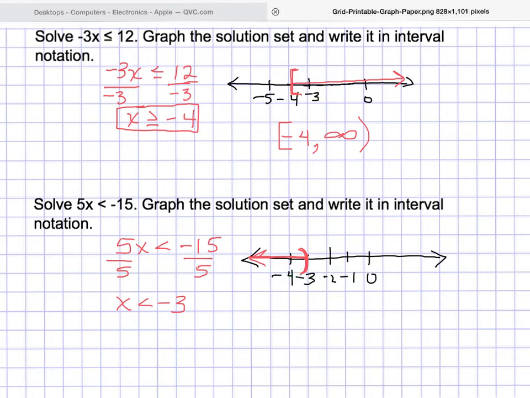We're stopping at negative 3. So you have to be mindful how you write it. Negative infinity all the way to negative 3. This is where it ends at negative 3. But it doesn't include negative 3, so we put a parentheses. And you never include infinity, so you put a parentheses on infinity. So the solution set goes from negative infinity to negative 3. Okay?